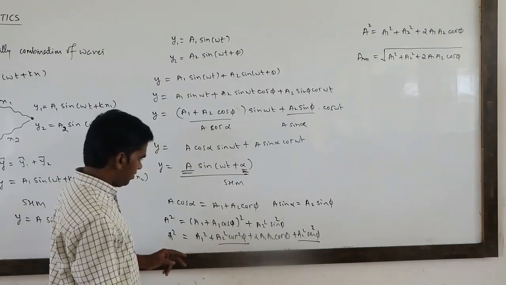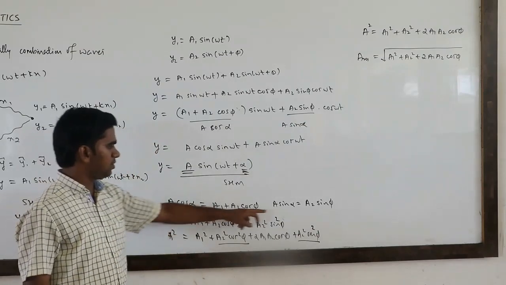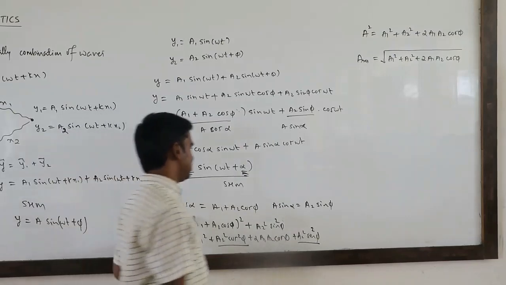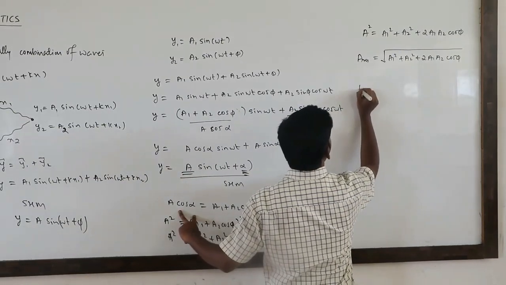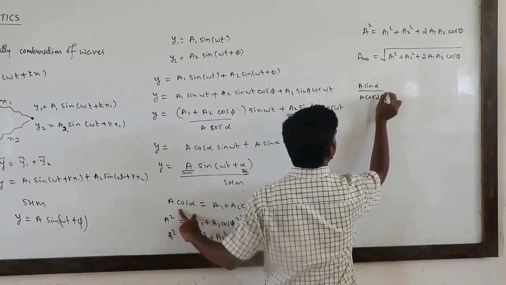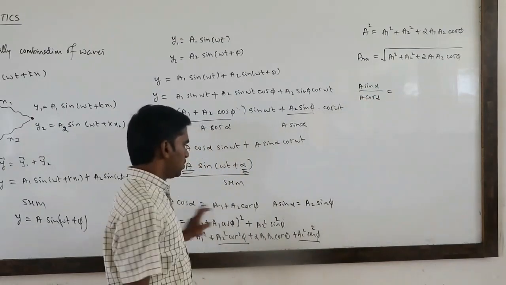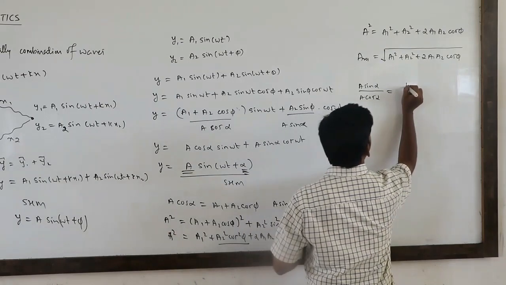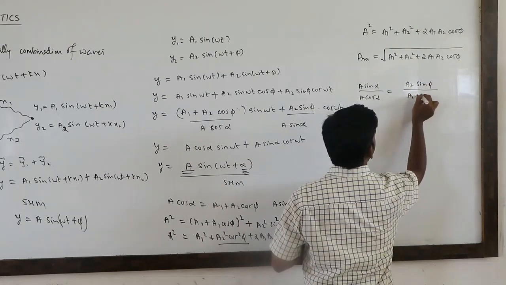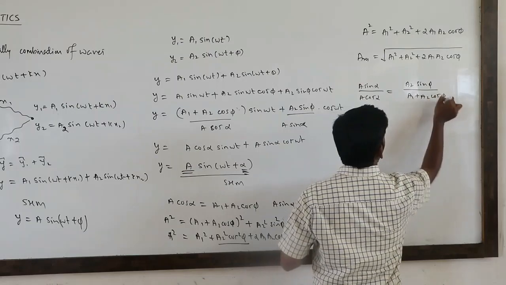Alpha you can find by dividing equation 2 by 1. Sin alpha by cos alpha. A will get cancelled, so you will get A sin alpha divided by A cos alpha equals A2 sin pi divided by A1 plus A2 cos pi.